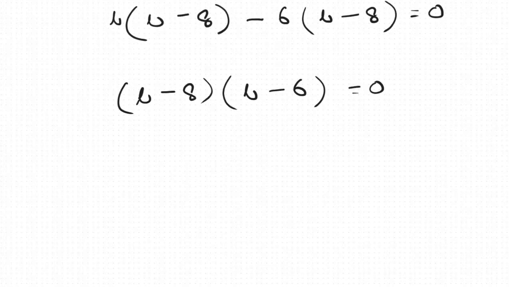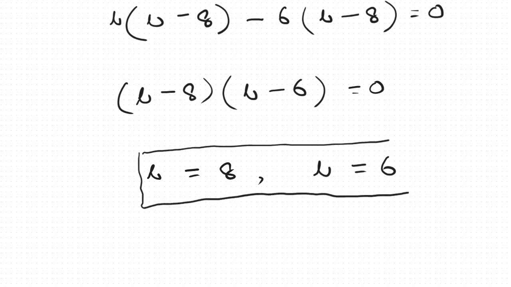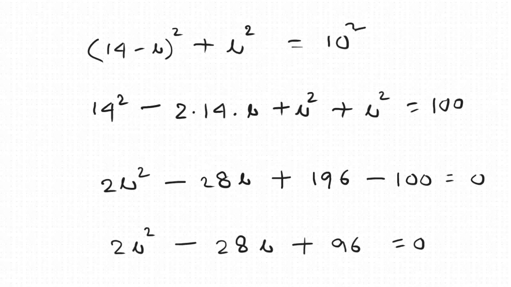So the value of B equals 8, and another value of B equals 6. These are the two values of B, which is the value of base. So the first value is B equals 8 meter, and the second value of base is 6 meter.